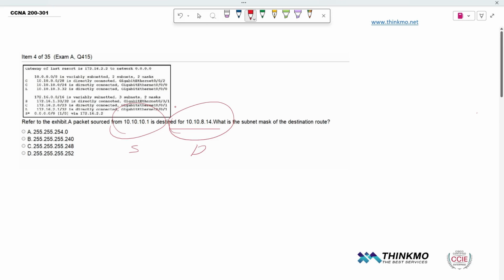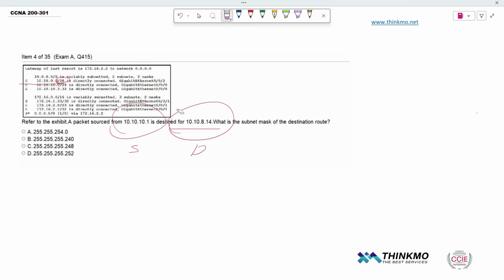The destination address is 10.10.8.14, specifically address number 2. Looking at the routing table, we see that it matches this directly connected route with a 28-bit mask.